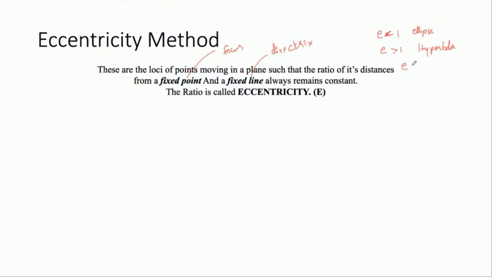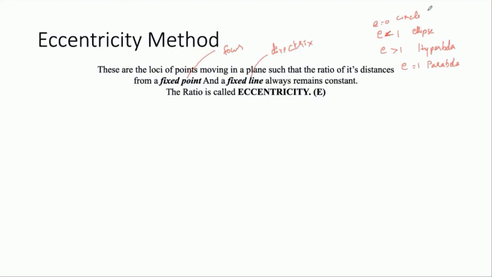E value equal to 1 is a parabola, and E value equal to 0 means it will be a circle. So all these curves can be defined in the same manner. It is a locus of points moving in a plane such that the ratio of its distances from a fixed point and a fixed line always remains constant. The ratio is called eccentricity.